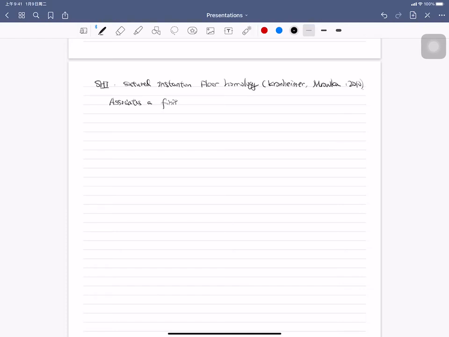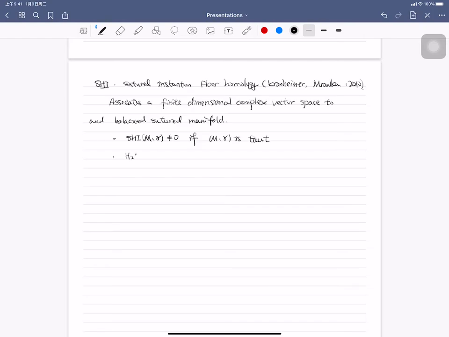It associates a finite dimensional complex vector space to any balanced suture manifold. And it has many important properties. For example, this is non-trivial if M and gamma is taut.